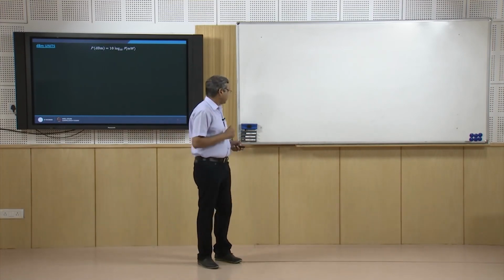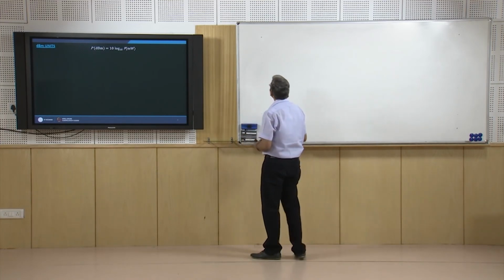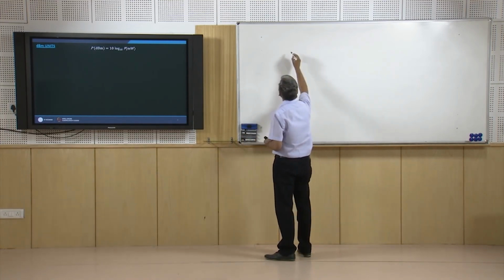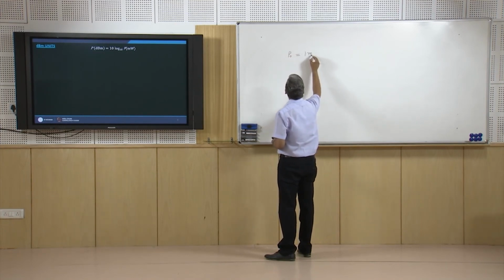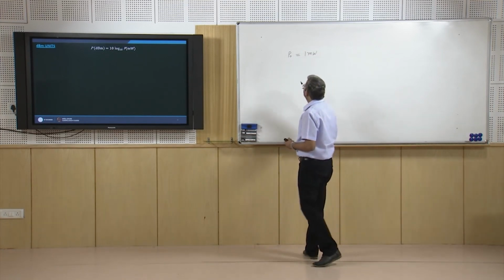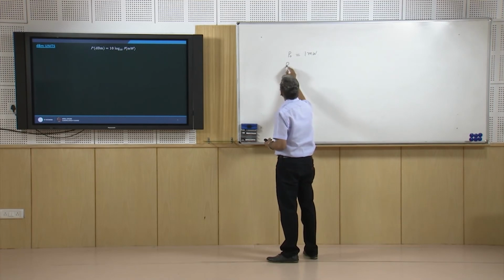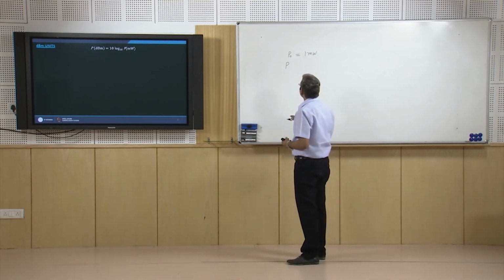For example, if I take a reference P0 of 1 milliwatt, then whatever power I want to represent in dBm, I can take with reference to this.